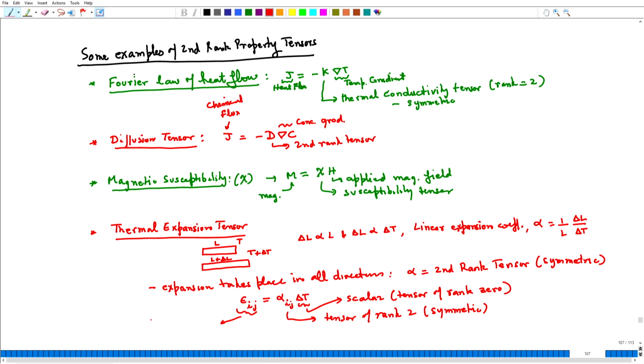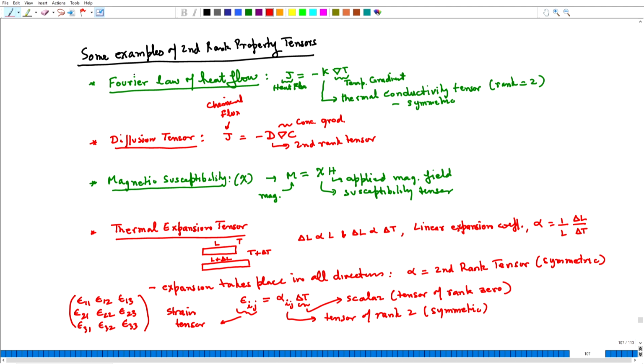So, epsilon ij is a strain tensor whose terms one can write as epsilon 1 1, epsilon 1 2, epsilon 1 3, epsilon 2 1, epsilon 2 2, epsilon 2 3, epsilon 3 1, epsilon 3 2, epsilon 3 3.